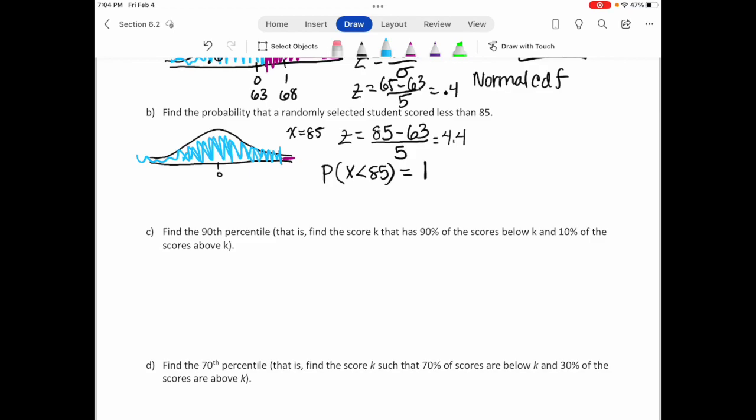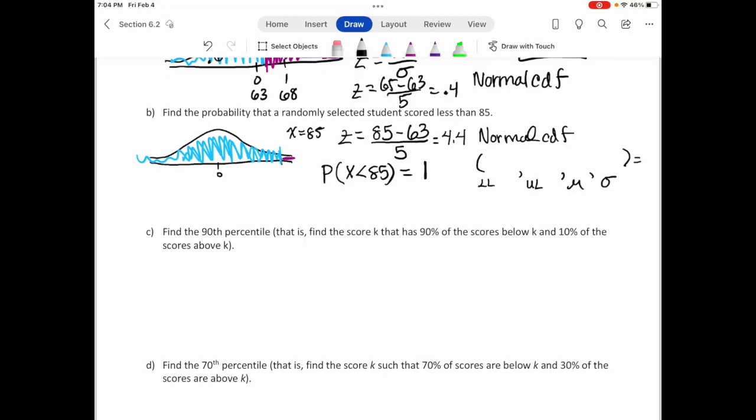Now, if we look at using our calculator function, we have our normal CDF, and in the parentheses we put our lower limit, then our upper limit, then our mean and our standard deviation.